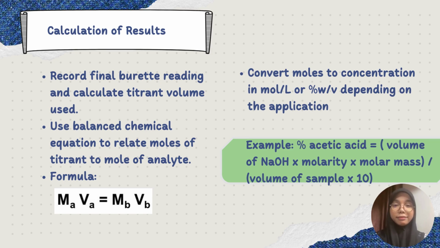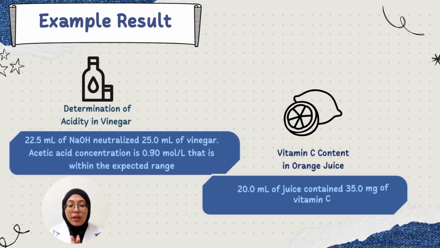So right now, I'm going to explain to you the example results of volumetric analysis in the food industry. The first one is the determination of acidity in vinegar using volumetric analysis. After performing the titration, we found that the volume of sodium hydroxide required to neutralize 25 ml of vinegar was 22.5 ml.